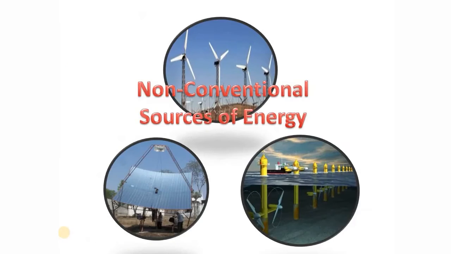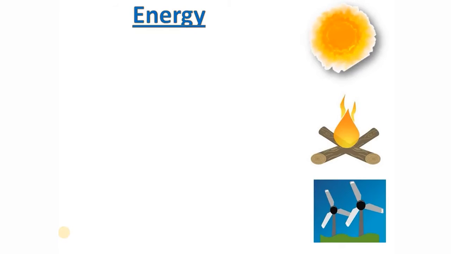So let us begin with what is called energy. As you all know, we all need energy in every walk of life. Without energy, life is difficult. The entire dynamics of the world is based on energy.